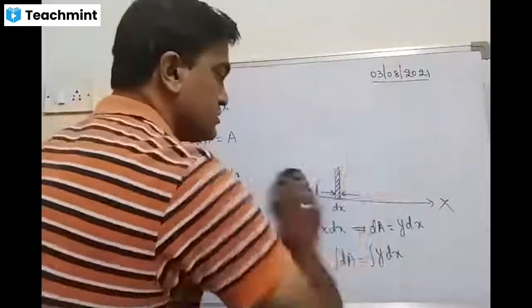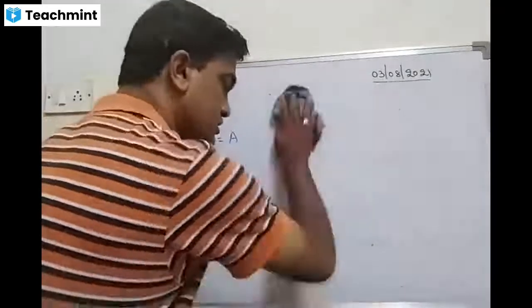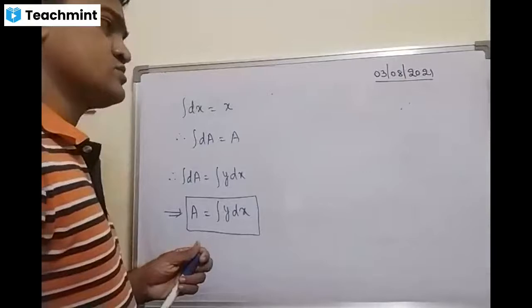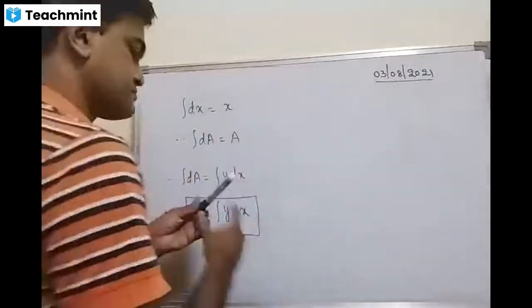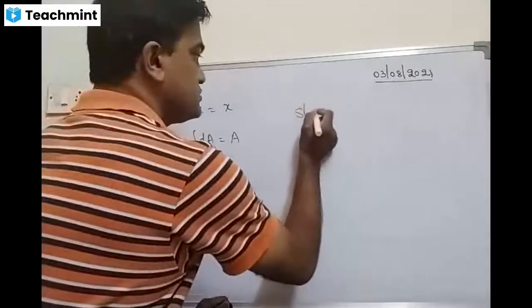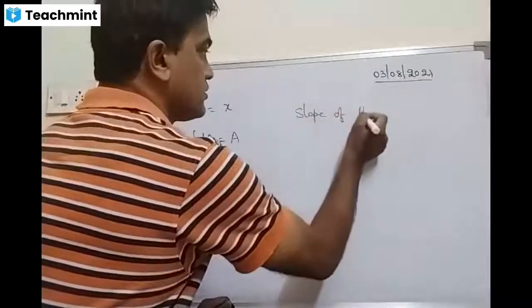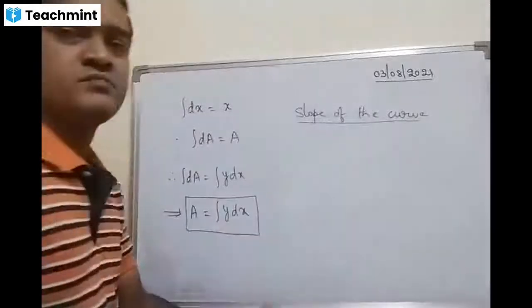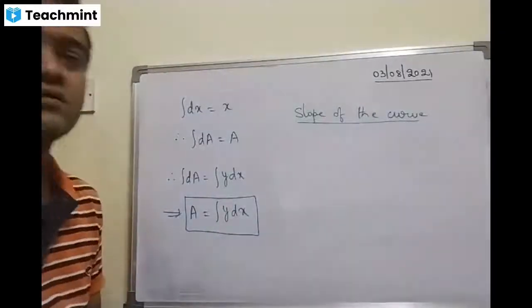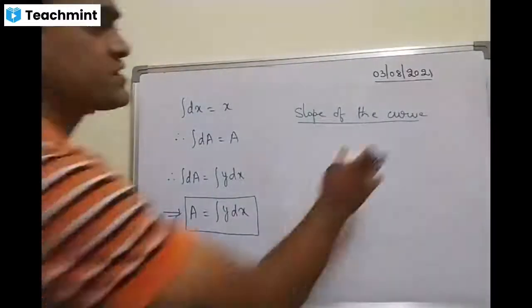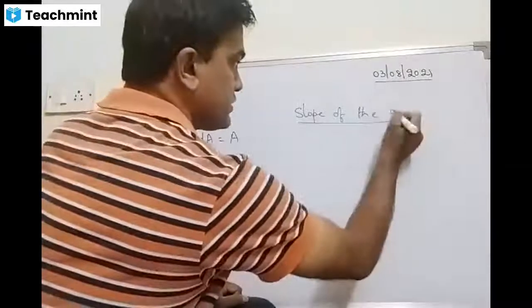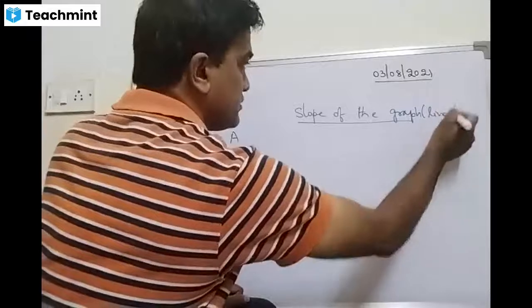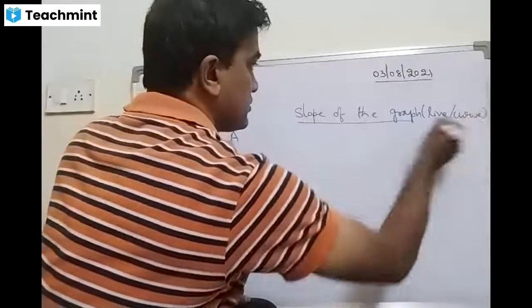The curve can be either a line or a curve, so instead of curve, let me use the word graph. This graph can be either a line or a curve.